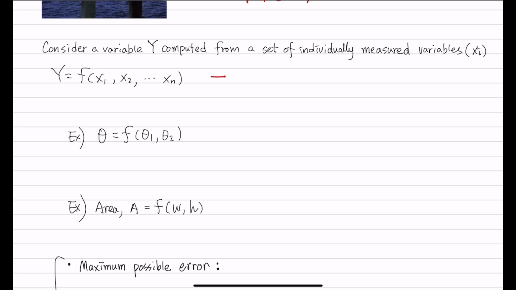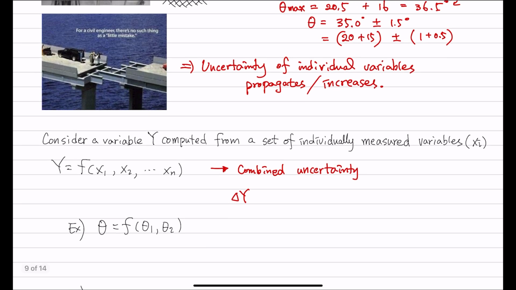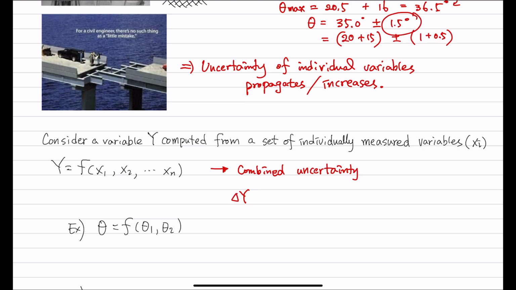If that's the case, the combined uncertainty, delta y, for example, the combined uncertainty in this case was delta theta, is going to be defined as this: i starting from 1 up to the number of variables, and you're doing the partial derivatives times the individual uncertainty.